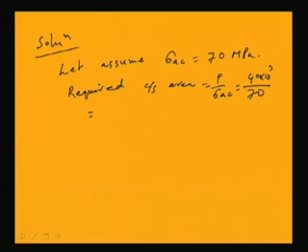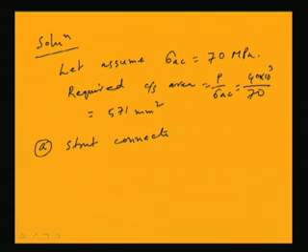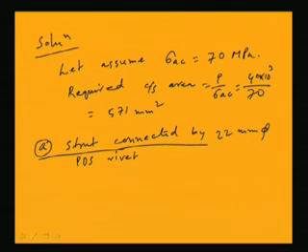So, this is coming 571 millimeter square. Now, let us start the design with the strut connected by say 22 mm power driven shop rivets. Let us first design the member using 22 mm diameter power driven shop rivets for the connections.